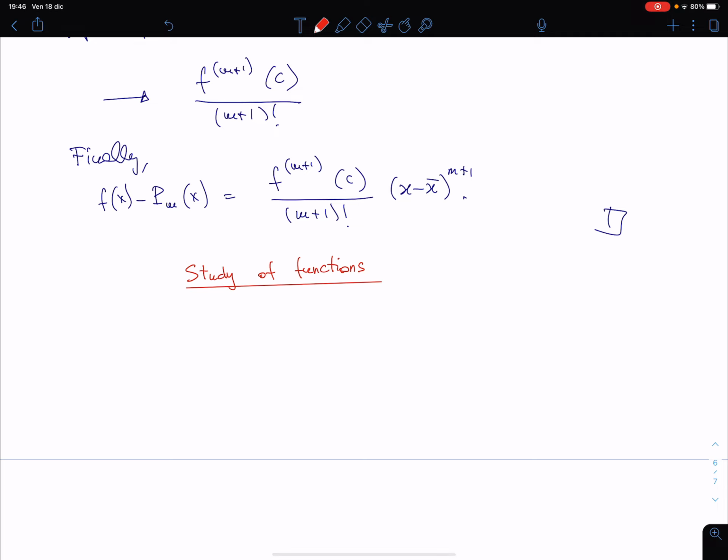So what does one mean by the study of function? So the purpose is to draw the qualitative graph of a given function.